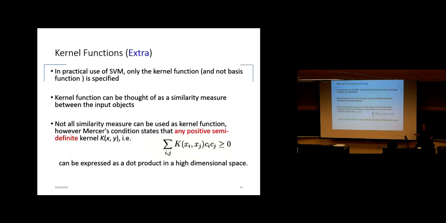So a little bit extra: like I roughly said, as long as you have a similarity function, it can be thought of as a similarity measure between the input objects. But not every possible similarity measure will work. There's a certain property you have to guarantee for that kernel matrix.